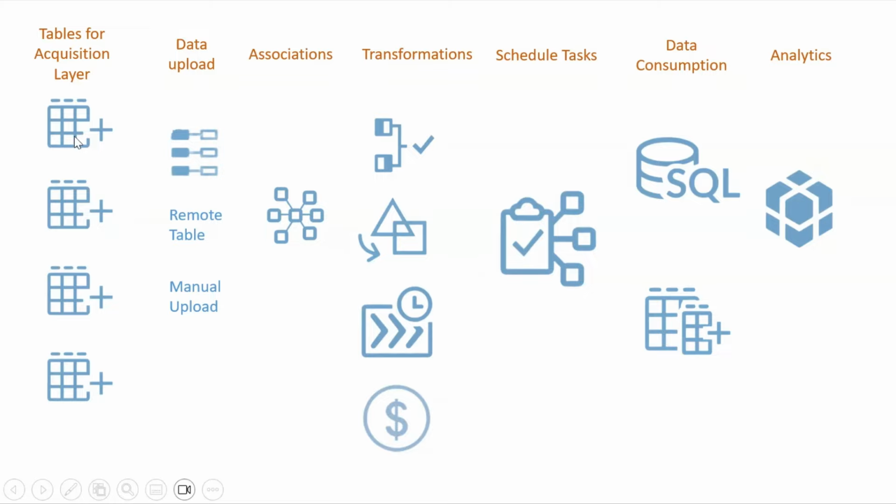And then we need to also do associations for the text and hierarchies within those tables. Then we need to upload the data, or update the data in the tables. We can use a remote table, we can do manual upload to these tables, or we can use a replication flow to update the data in the tables. So that is the part of the data upload.